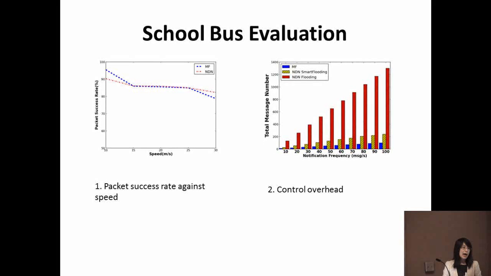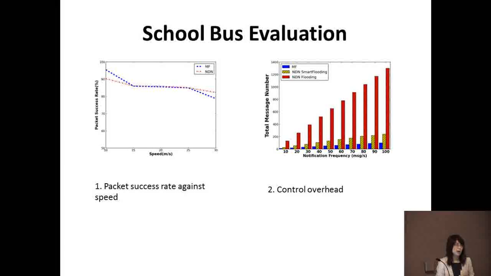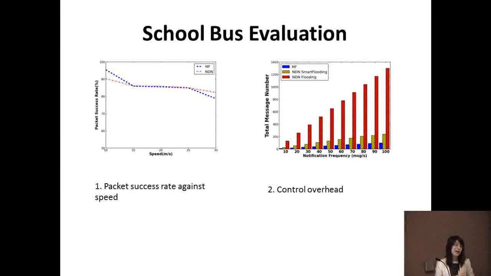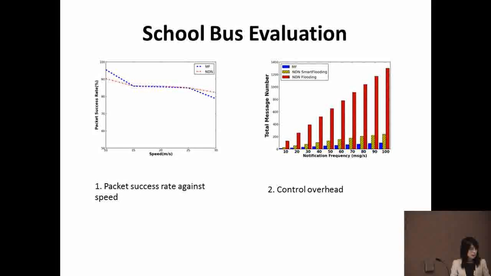However, in our implementation of MF, we were trying to be really generic. We considered mobility, we considered different mobility speeds. Because of that, our protocol overhead is higher: we do too much processing on each node compared to what NDN, the simulator, does. So our latency is actually slightly higher due to this processing overhead.